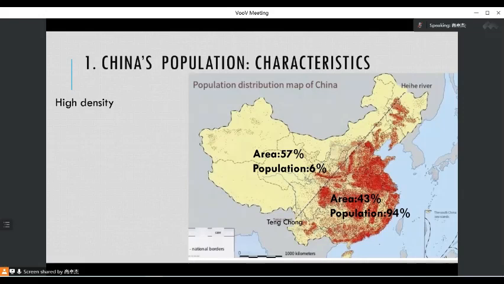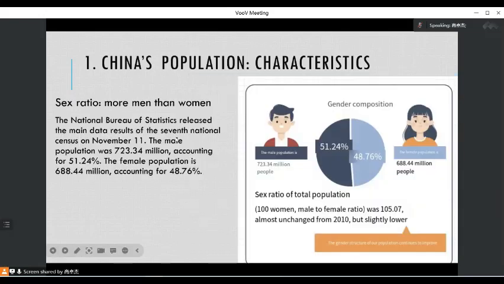This is the second characteristic of the Chinese population: the density is high. And then let's take a look at the third characteristic, the sex ratio. In one word, in China, there are more men than women.